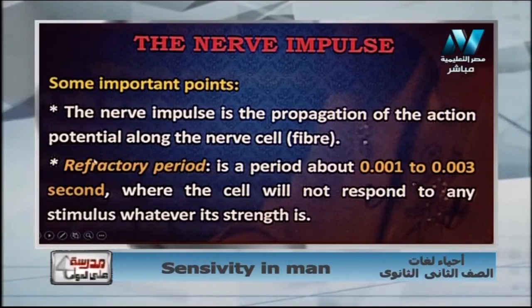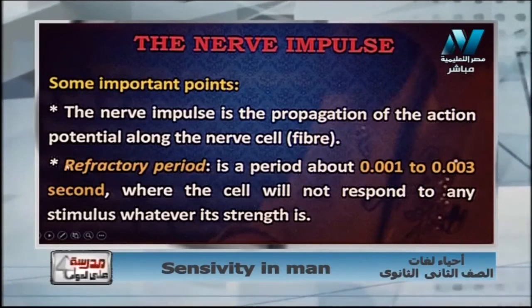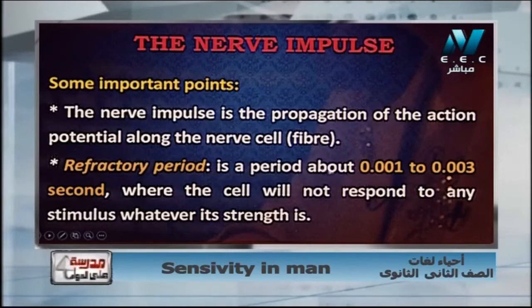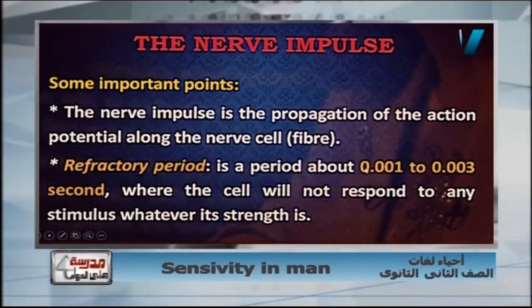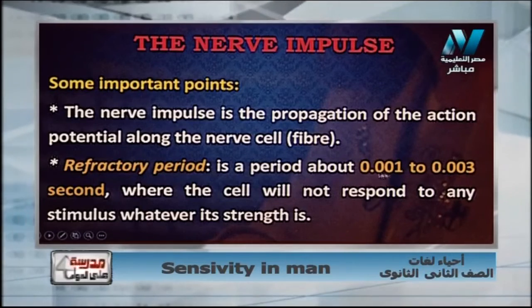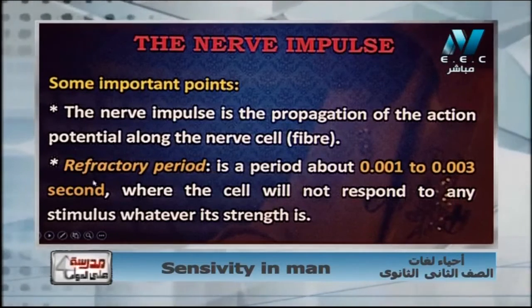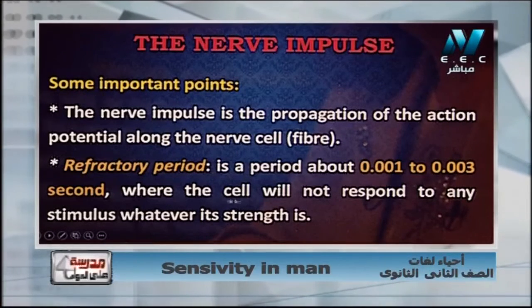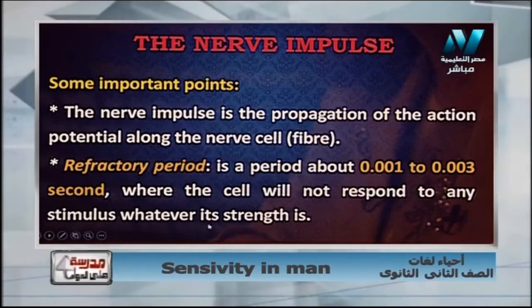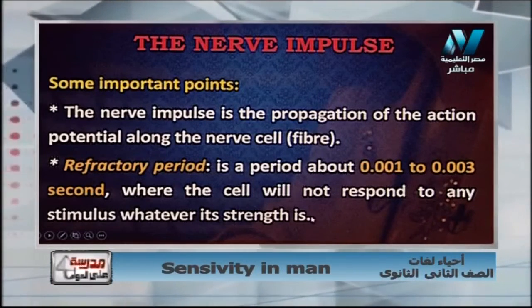There is something very important which is called the refractory period, and this period is the time that elapses between 0.001 to 0.003 seconds, where the cell will not respond to any stimulus, whatever its strength is.